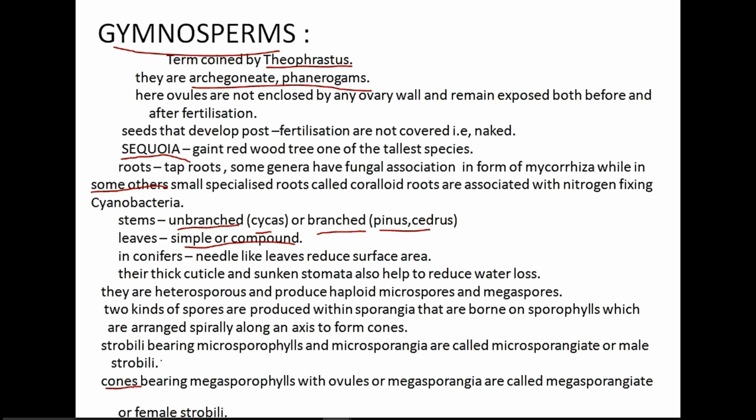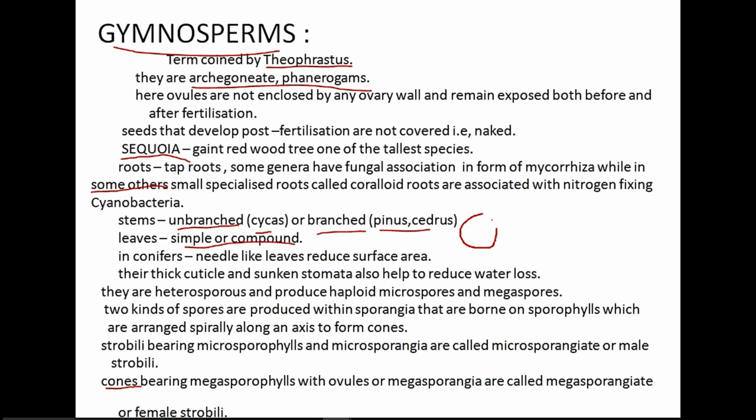The megaspore mother cell is differentiated from one of the cells of the nucellus. The nucellus is protected by envelopes or integuments, and the composite structure is called an ovule. The megaspore mother cell divides meiotically to form 4 megaspores. So one megaspore mother cell divides meiotically to form 4 megaspores. Let me show you here.